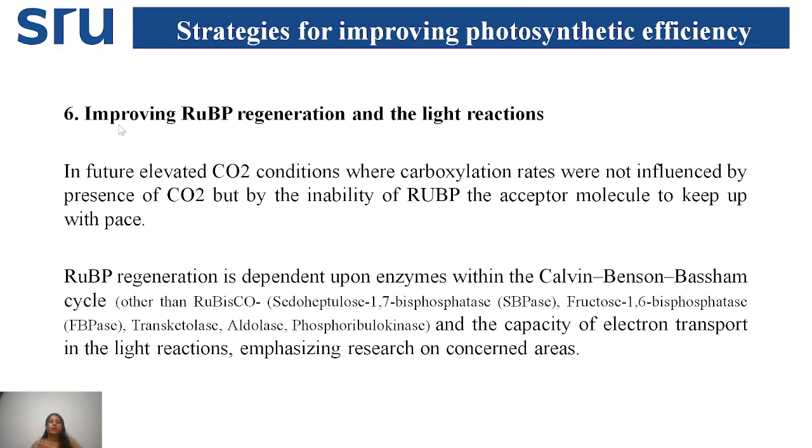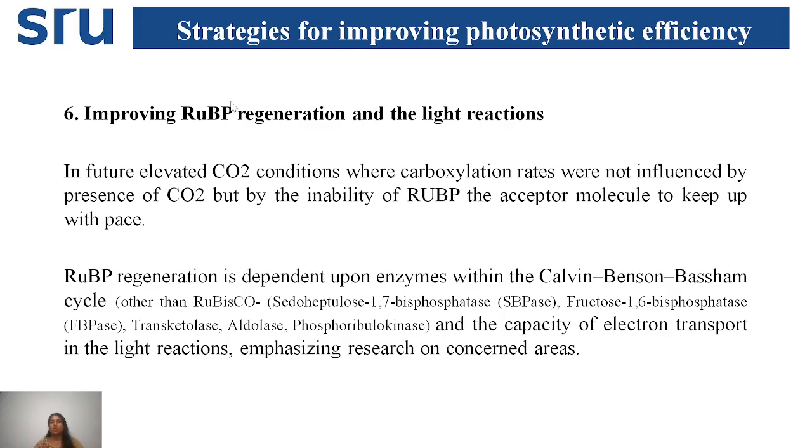And later, improving Rubisco regeneration. You already saw that a lot of enzymes are involved in Rubisco regeneration. So there is a kinase, RuBP phosphorylase. These enzymes act on, for example, xylulose, erythrose, sedoheptulose. So many carbohydrates are produced during this regeneration. For conversion of all these carbohydrates there are enzymes, kinases and phosphatases.